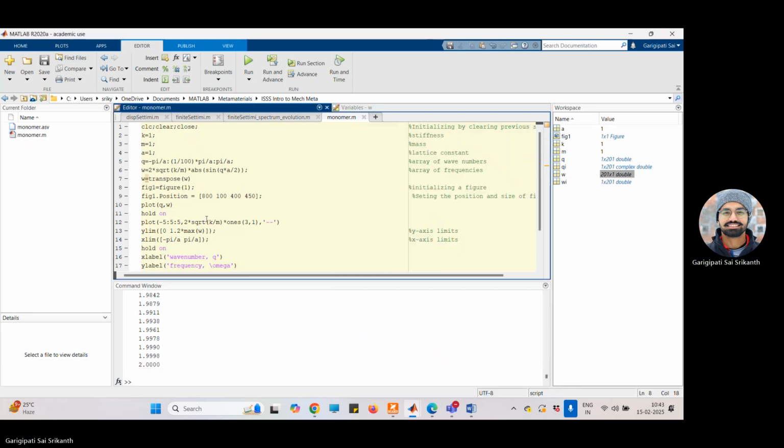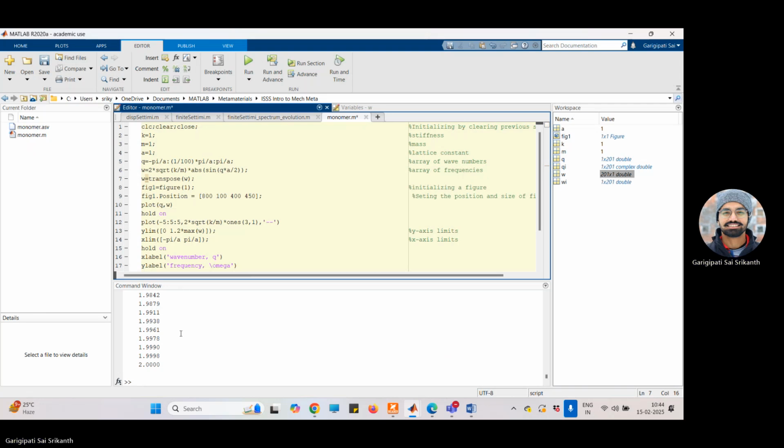Now, when you're plotting, first Q belongs to the X values. So the first entry in the plot belongs to the array of the X, and the second entry belongs to array of the Y, and they have to match in sequence. That's why transpose did not affect it much.